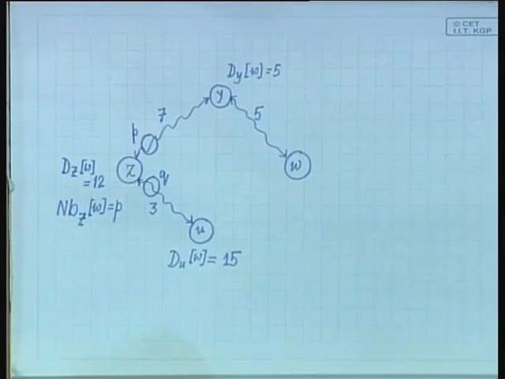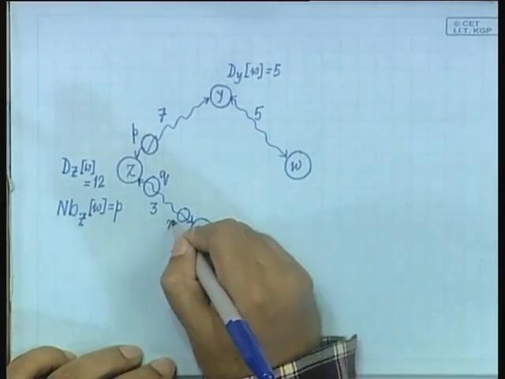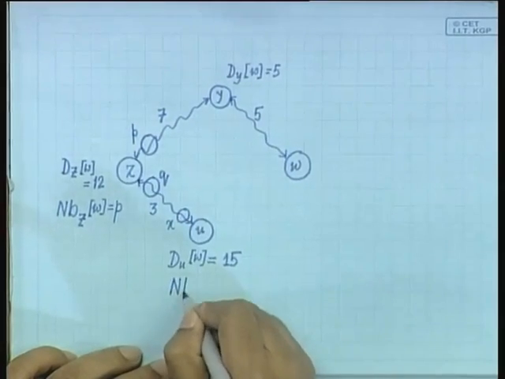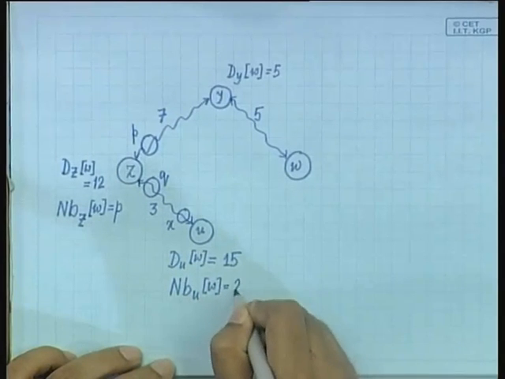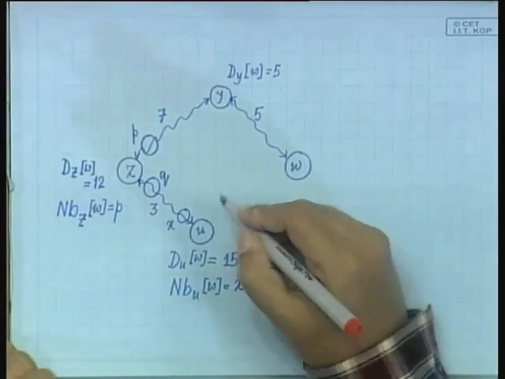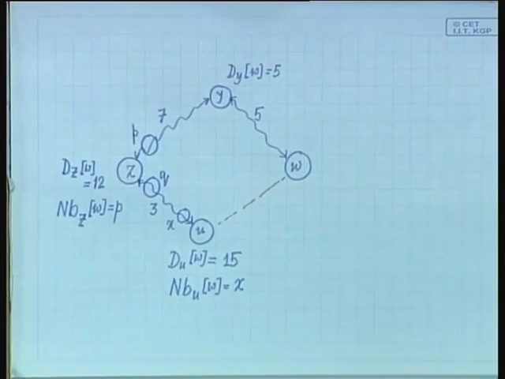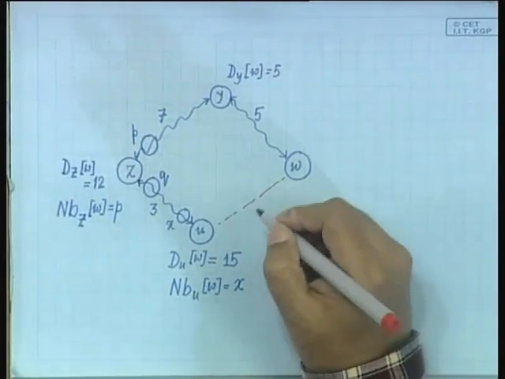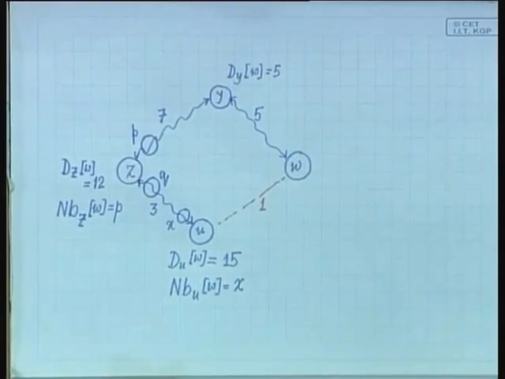And let me draw this as some X. So NB U W is X. Now what happens is that this link comes up, and let us say that this link is one cost of 1 single hop.